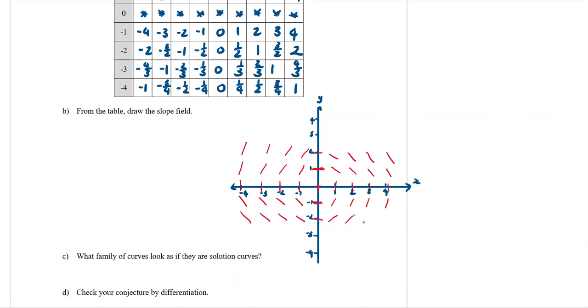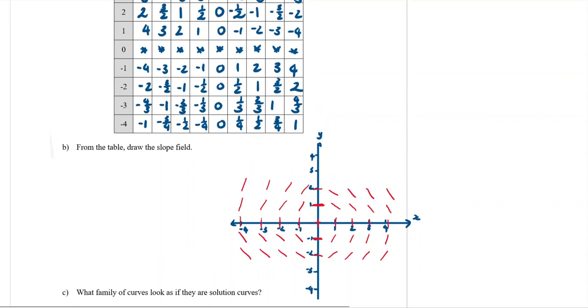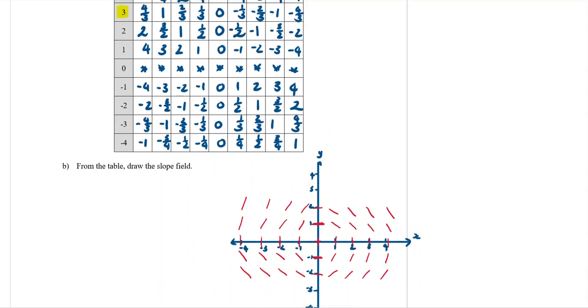Half, 1, 1.5, 2. And keep going. So at 3, these gradients are getting closer together. So 4/3 is a bit over 1, positive. Then 1, a third, 0. Negative a third.